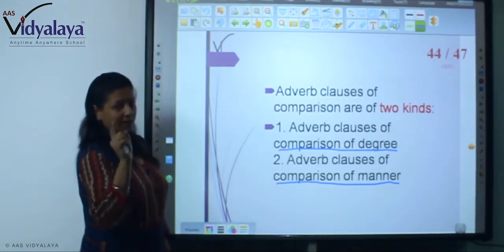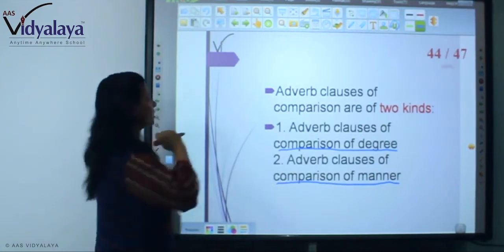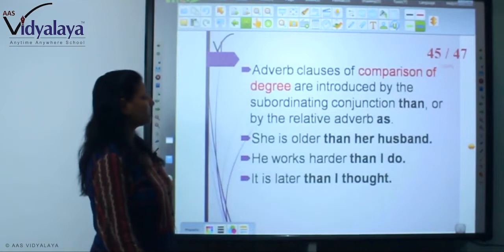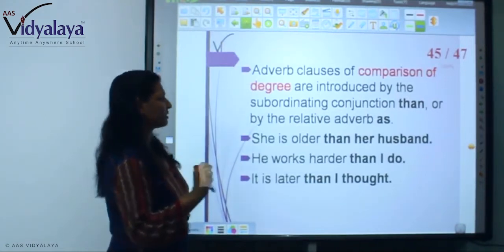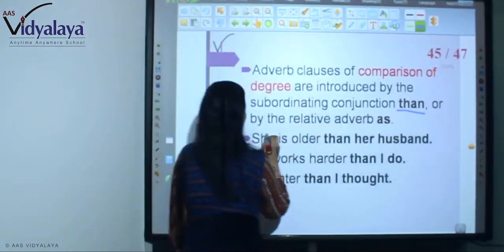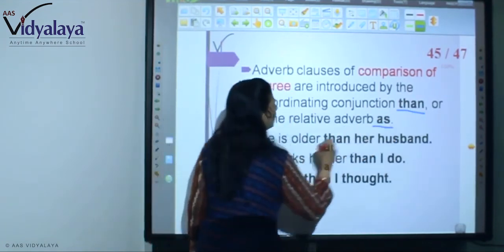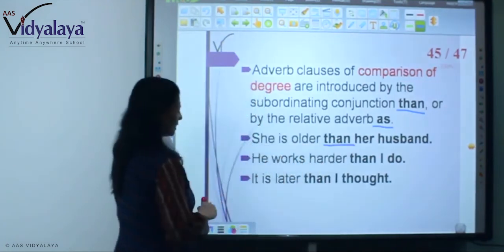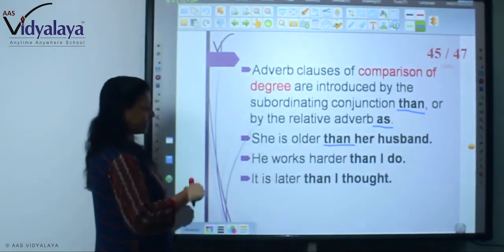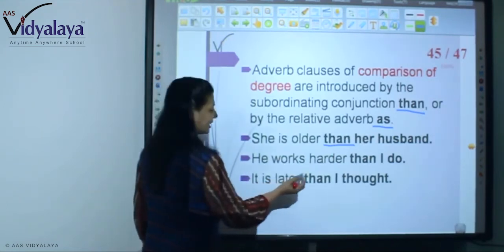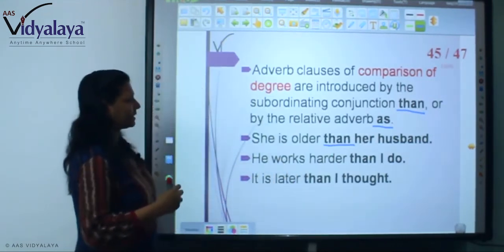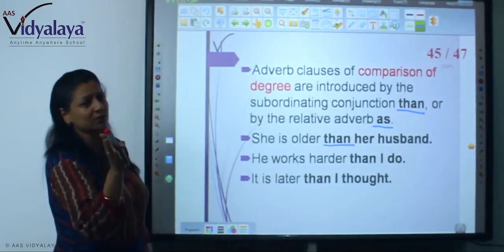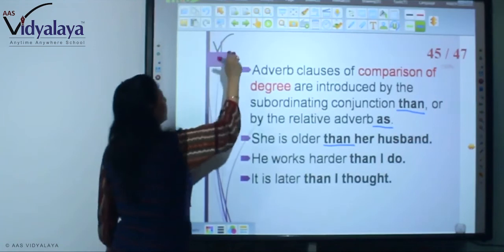Adverb clauses of comparative degree are introduced by the subordinate conjunction than and the relative word as. She is older than her husband. He works harder than I do. It is later than I thought. So with than we are seeing the degree of comparison in adverb clauses.